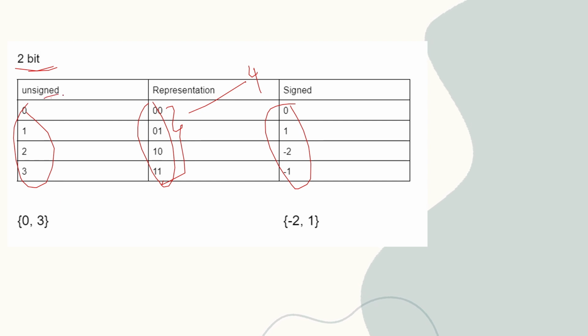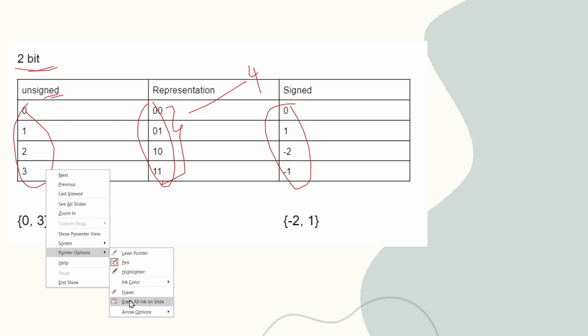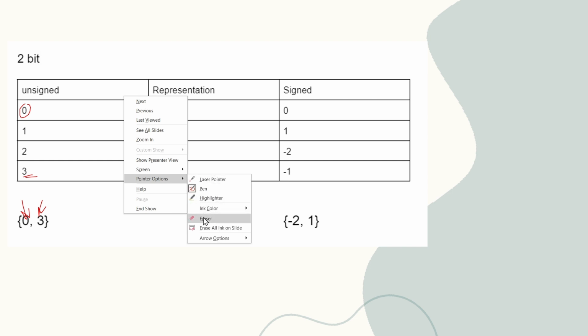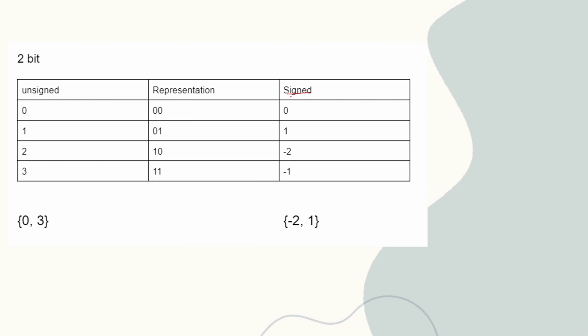So for unsigned, tell me what is the maximum value. For unsigned, the maximum value is 3. So that's why I've written here 3. And for unsigned, what's the minimum value? It's 0. That's why I've written here 0. Hope you got it, right? Similarly for signed, what is the maximum value? It's 1, right?